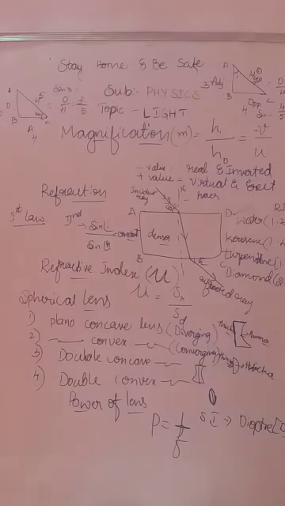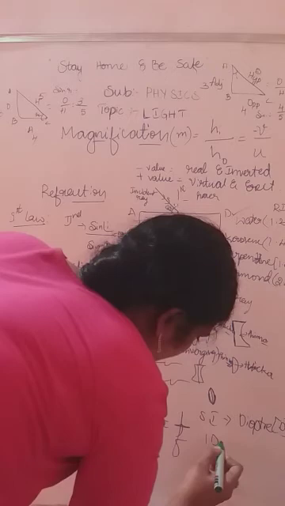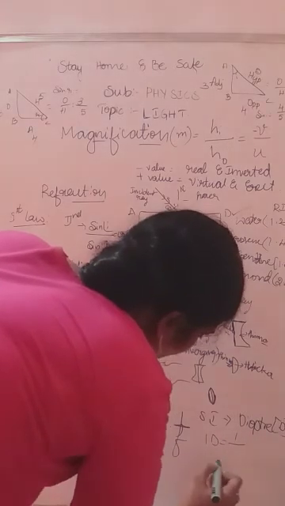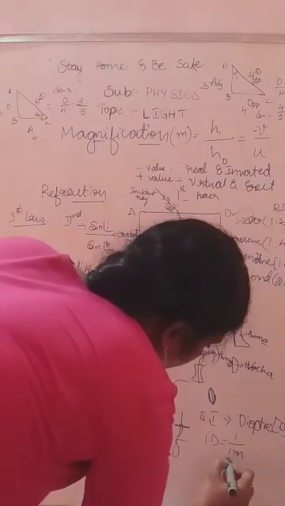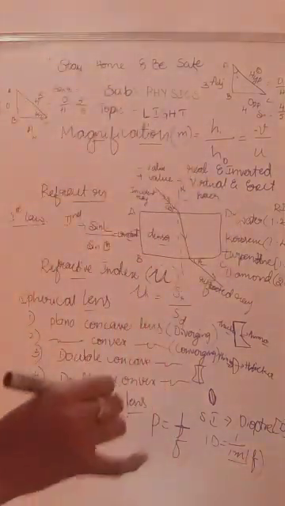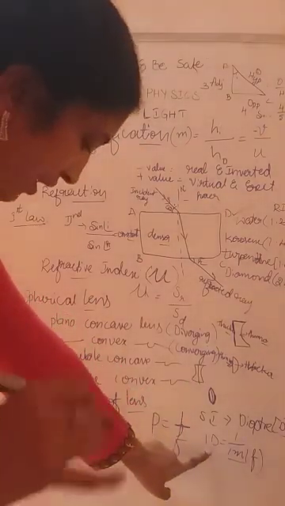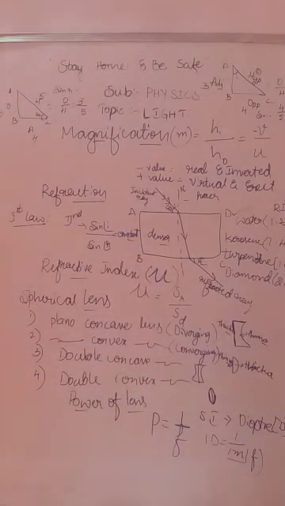So what is meant by 1 dioptre here? 1 dioptre in the sense the reciprocal of 1 meter of the focal length. So this is focal length. Keep in mind. The reciprocal of 1 meter of the focal length is called 1 dioptre. Okay.